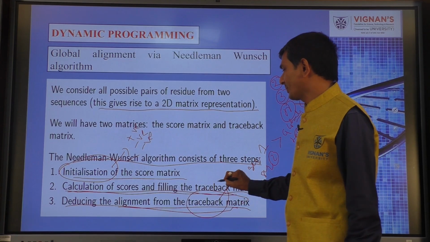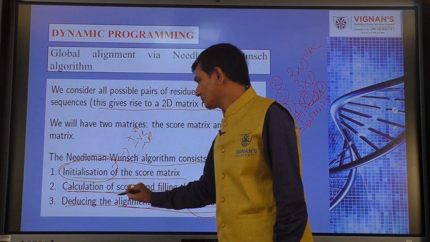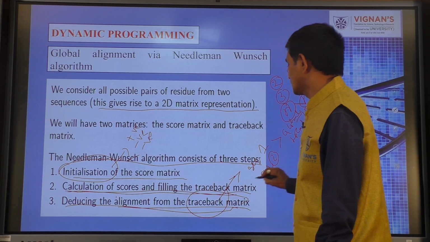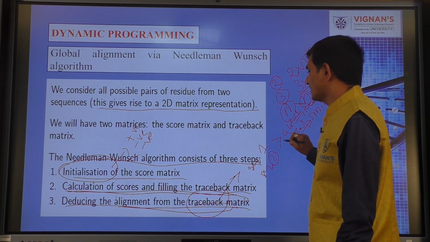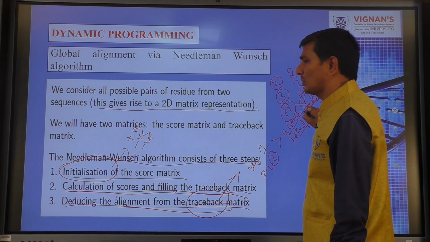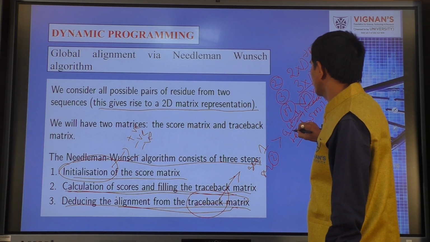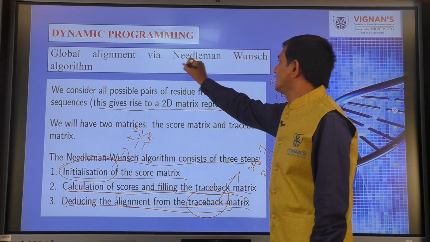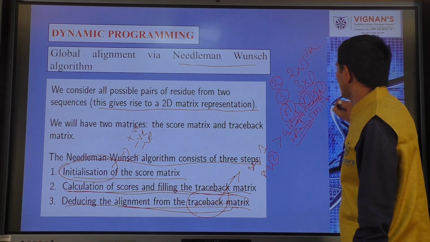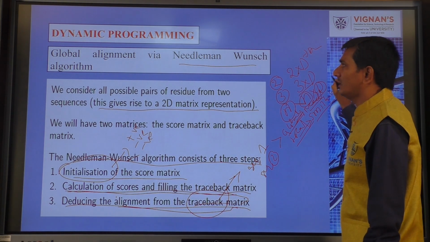In the traceback step, we align one sequence with the other sequence. Once this is done, both sequences are aligned, either globally or locally. If it is global alignment, we use the Needleman-Wunsch algorithm; if it is local alignment, we use the Smith-Waterman algorithm.